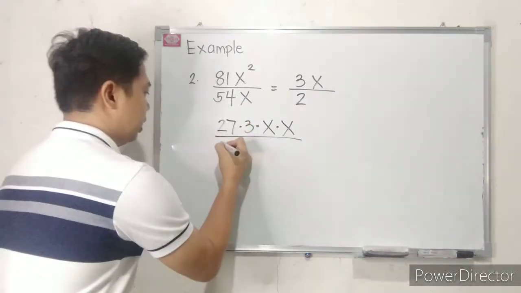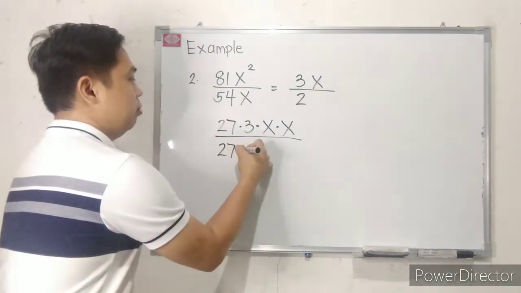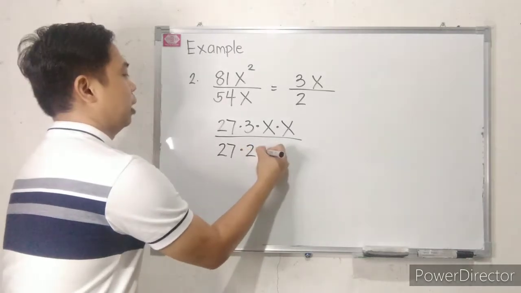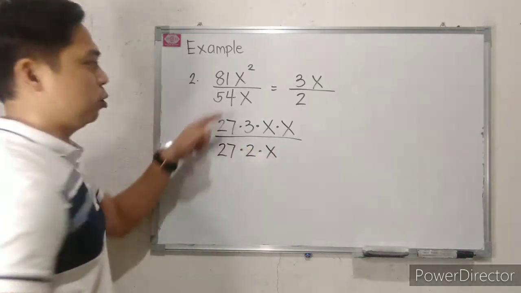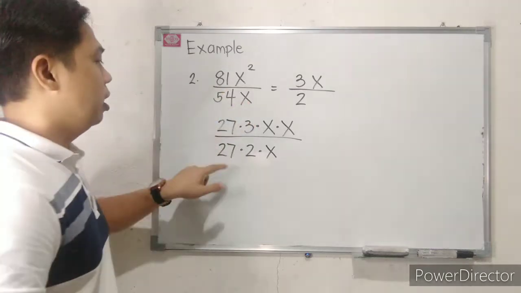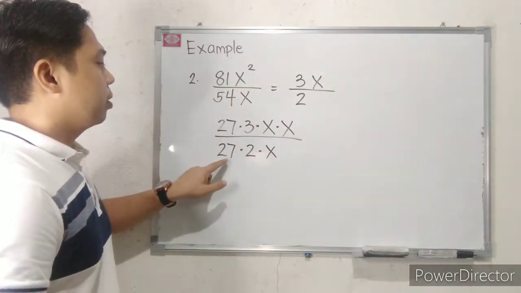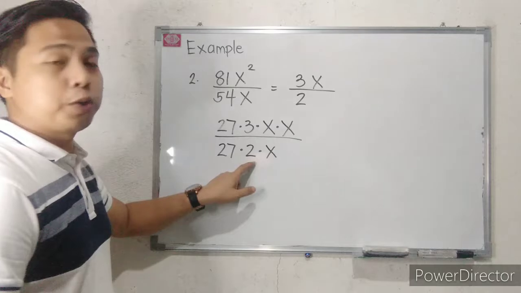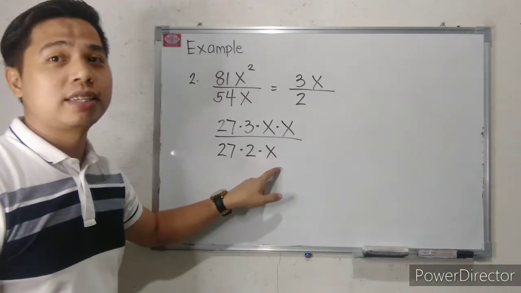So, 27 again, times 2 times x, because we have 54x. That's why we write 27 times 2 times x.